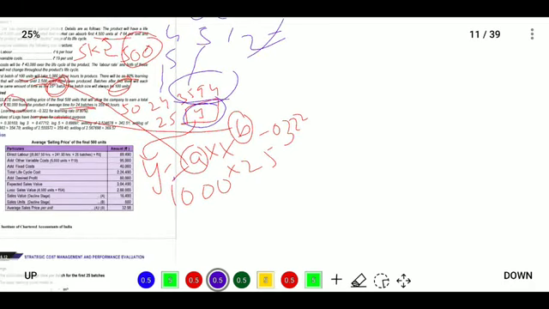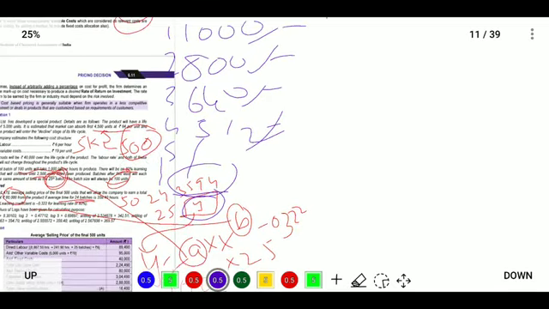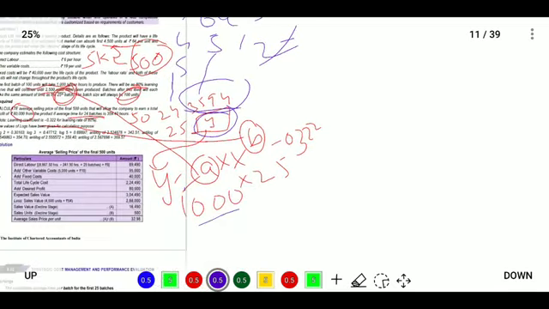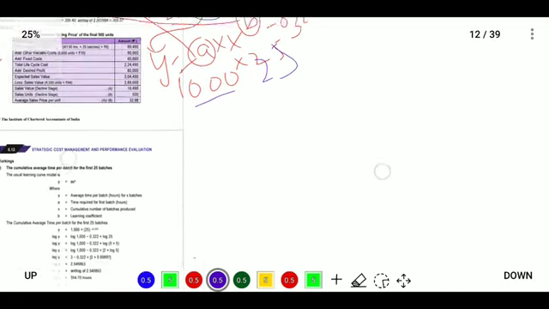For the 25th we take y, and y is equal to a into x to the power of b. a is equal to 1000, where we started with 1000, and x is the 25th batch, to the power of the learning coefficient. From this we will get the values.